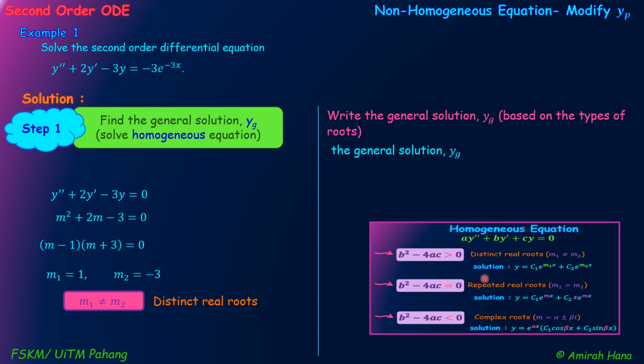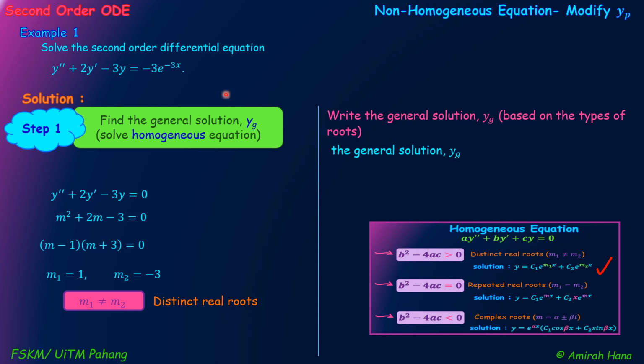For distinct real roots, where m1 not equals to m2, we can write the general solution y equals to C1e to the power of m1x plus C2e to the power of m2x. So we use this formula, right?